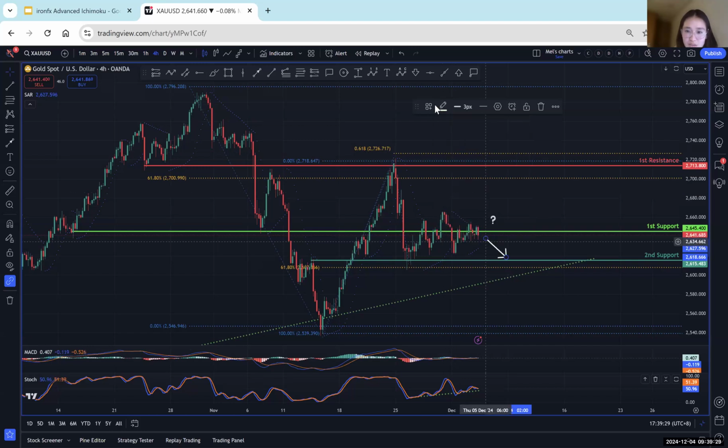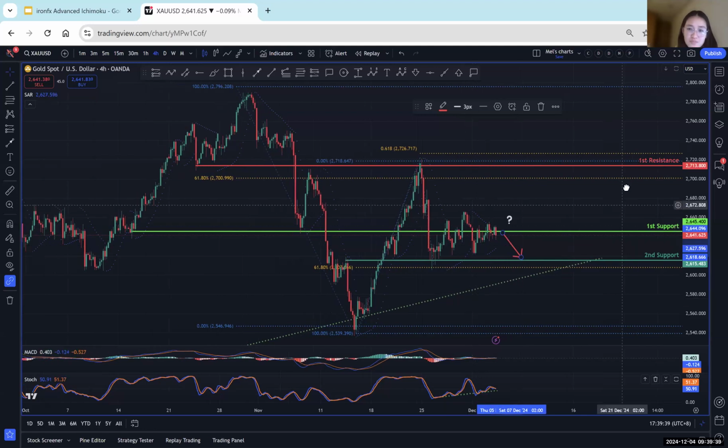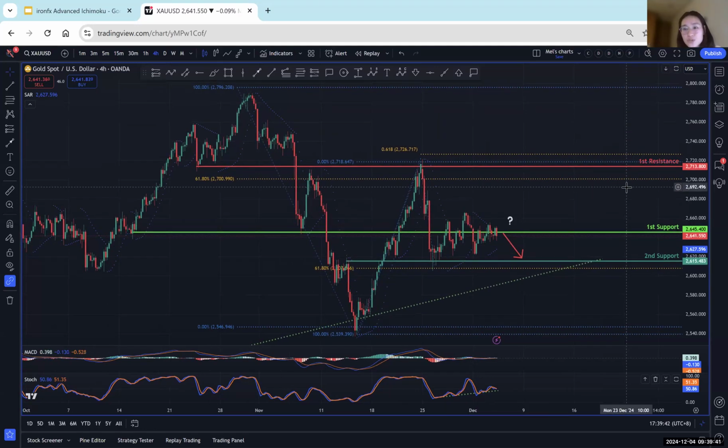But like I said, I think we'll wait for price to either bounce off the first support or break out of it, since it's currently testing that level. And as we saw from our Ichimoku as well as our moving averages, price is kind of in a transition phase, so it's not really telling us a clear trend at the moment.